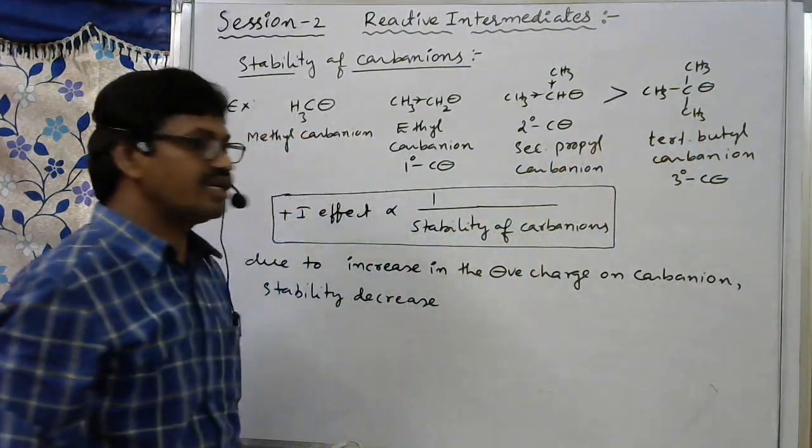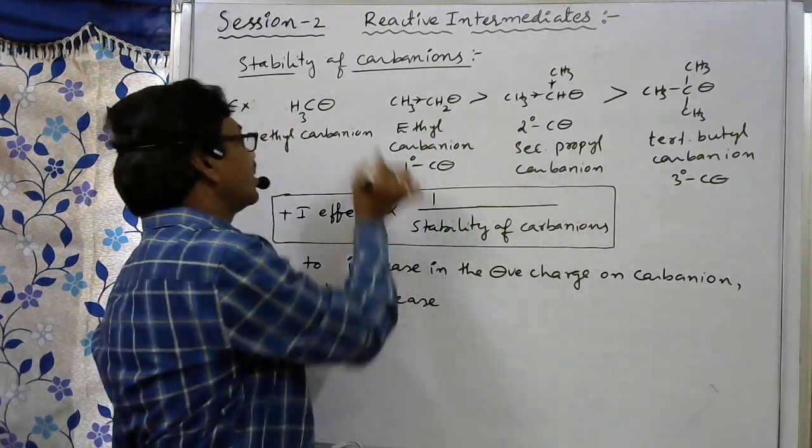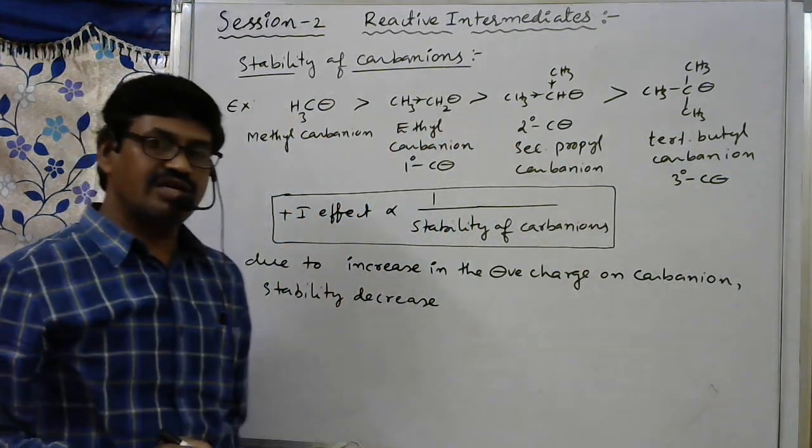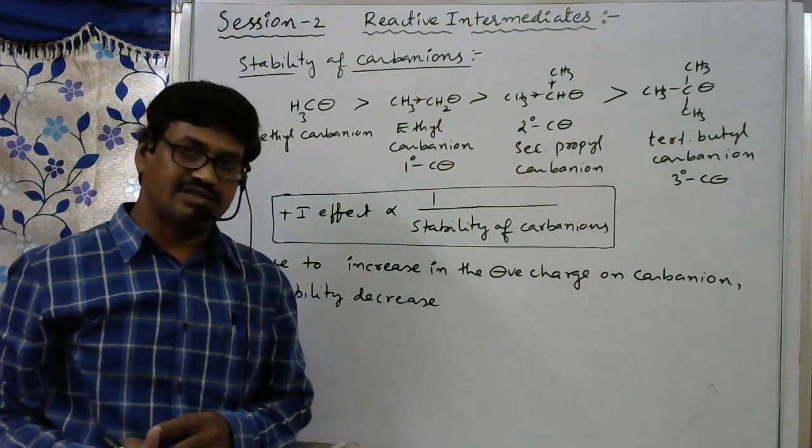Tertiary butyl carbanion is less stable than secondary propyl, then ethyl carbanion, then methyl. Methyl carbanion is the most stable among these four carbanions.